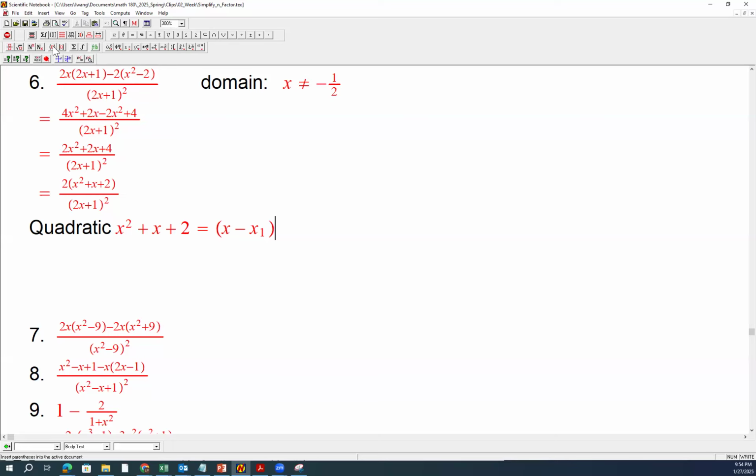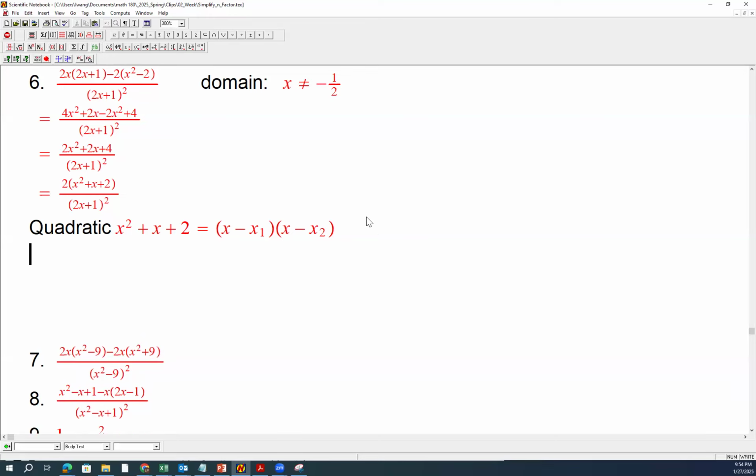I'll explain what they are. x sub 1 and x sub 2 are solutions to the equation x squared plus x plus 2 equals 0.